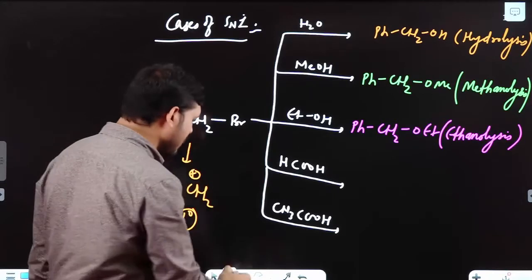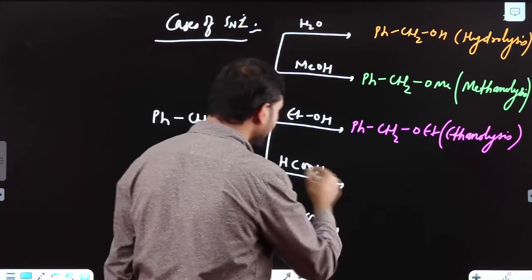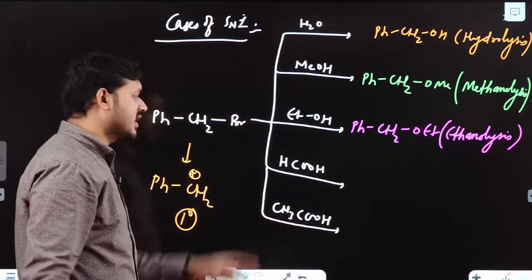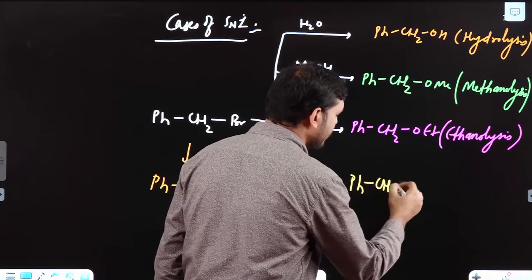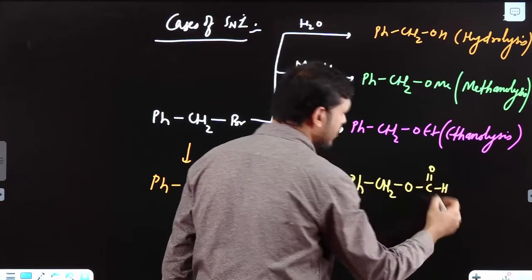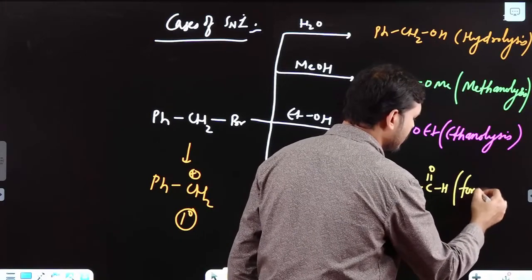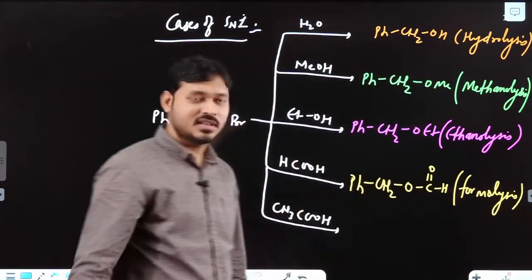Ethanol is making this substitution reaction. Clear? Next, when you take HCOOH, it is formic acid, so you form PhCH2OCOH. So this is simply called formolysis. Clear?